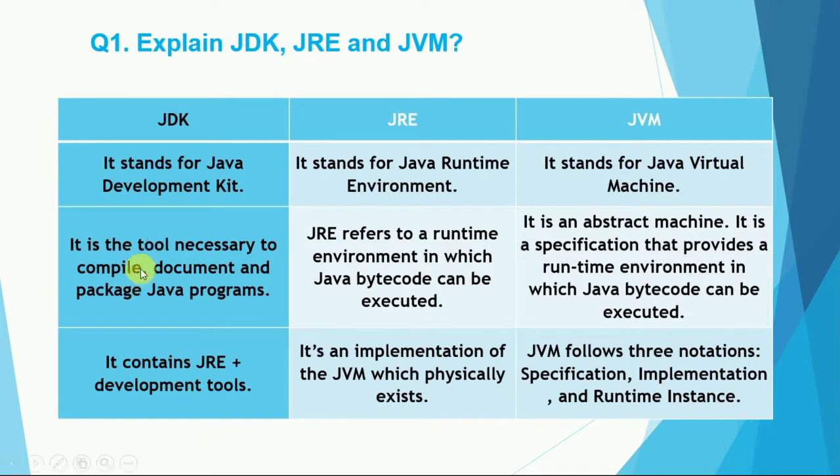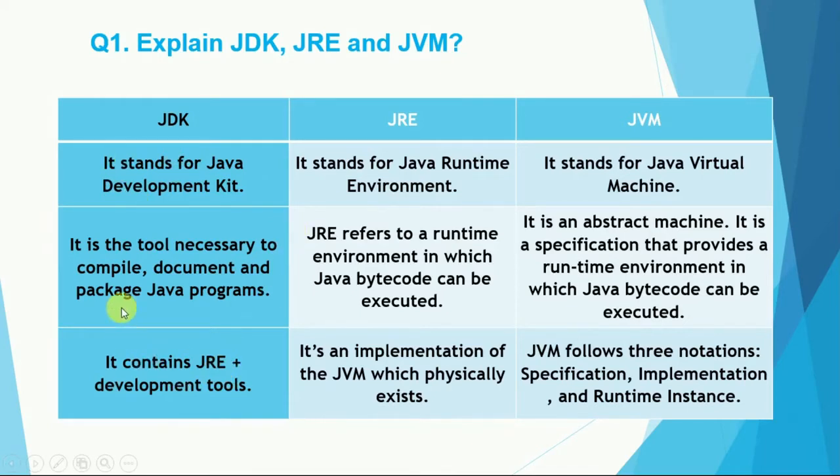It is the tool necessary to compile Java code, document Java code, and package Java programs. The JDK contains the JRE plus development tools. So the first part is JDK.